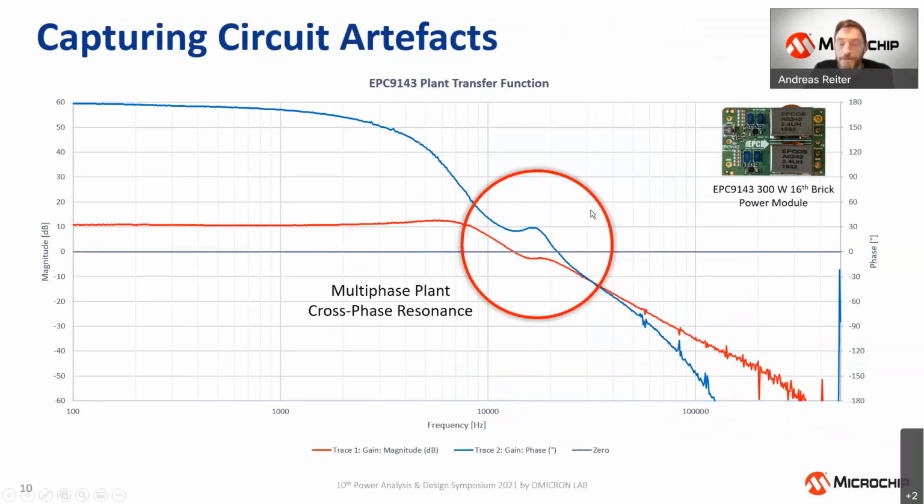Good. Then when you're measuring the plant, you can also capture artifacts which might not be simulated or which you might not expect. So one of these artifacts was discovered here in this design. This is a sixteenth brick 300 watt power module, 48 to 12 volt.